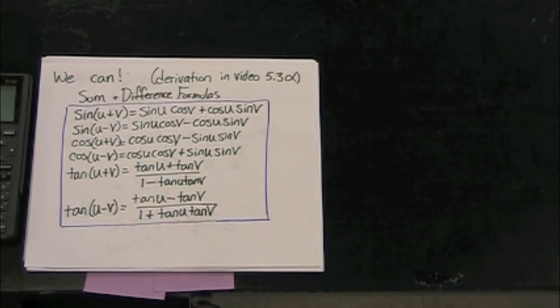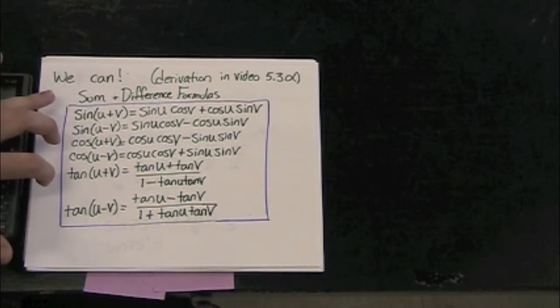The sum and difference formulas give us a chance to use two angles that we know the trig values of to figure out an angle that we don't. We have sum and difference formulas for sine, cosine, and tangent, and all 6 of them are listed on this slide.